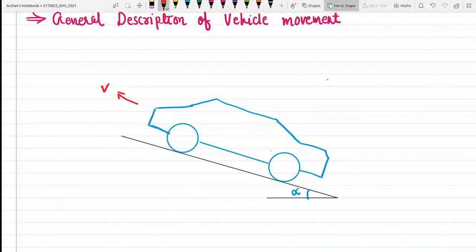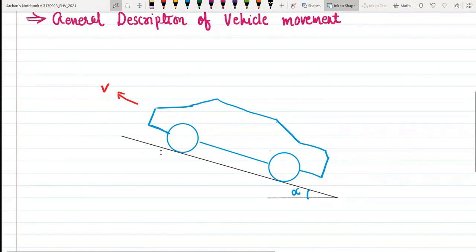Now we need to show some forces which are acting on a vehicle which is moving up a grade, right? So definitely we know that tractive effort is required. Suppose the full tractive effort in the contact area between the tires of the driven wheels and the road surface will propel the vehicle forward.